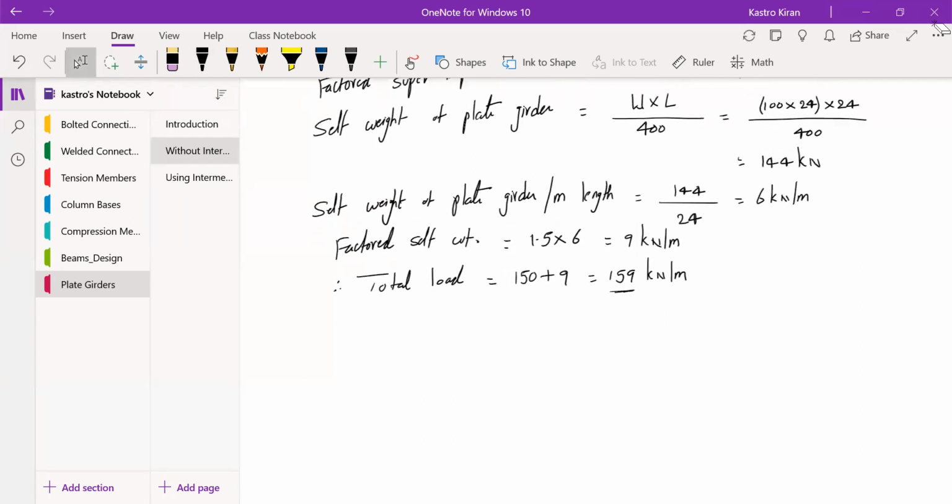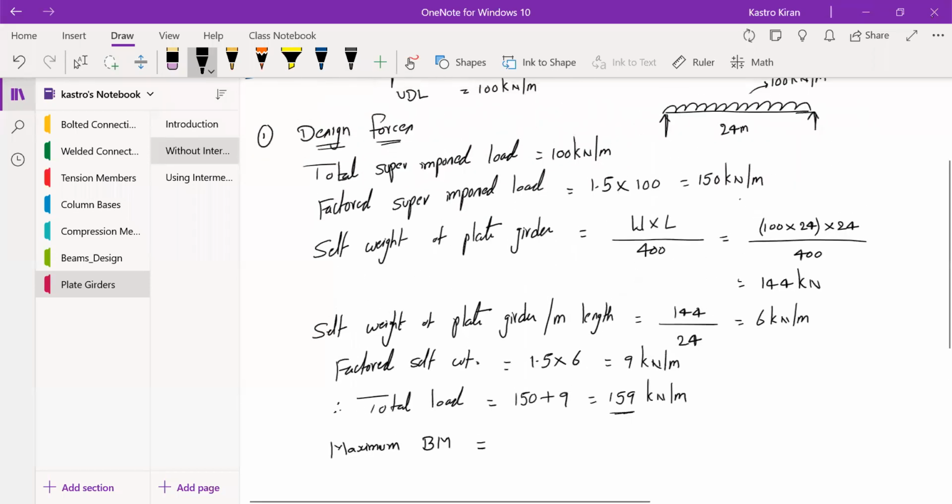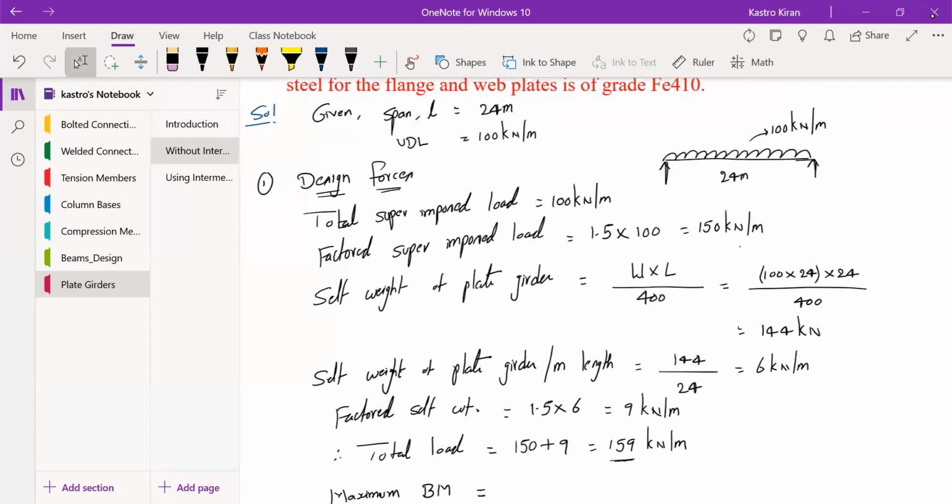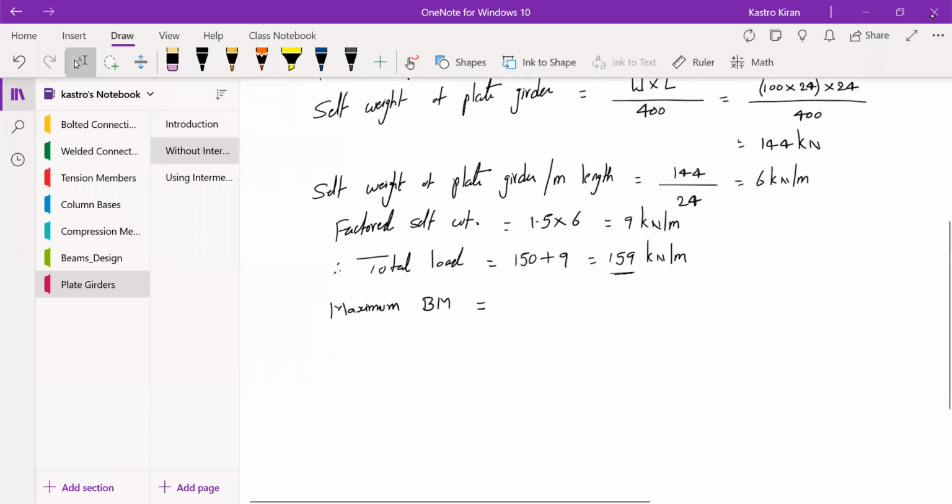Now let's find out the maximum bending moment. Please write it down as a full sentence, don't keep it as just BM. Maximum bending moment equals, you know the formula. For a simply supported beam carrying uniformly distributed load, the maximum bending moment is WL square by 8. What is the W value?